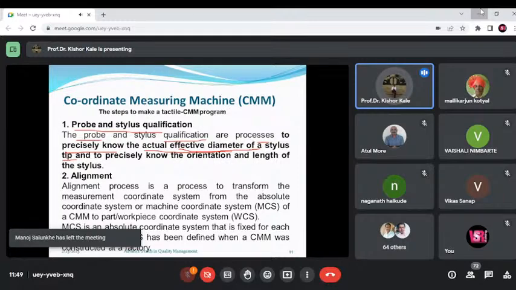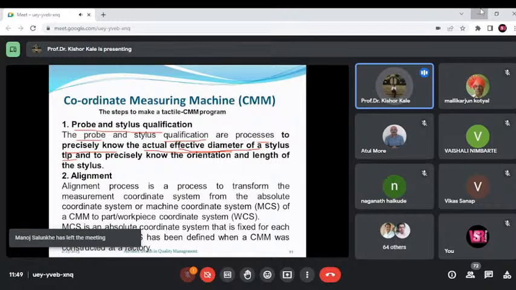Then we have to measure the standard sphere with the help of this stylus and the tip, to know exactly the dimension of this ruby ball, and to know the length and orientation of the stylus.